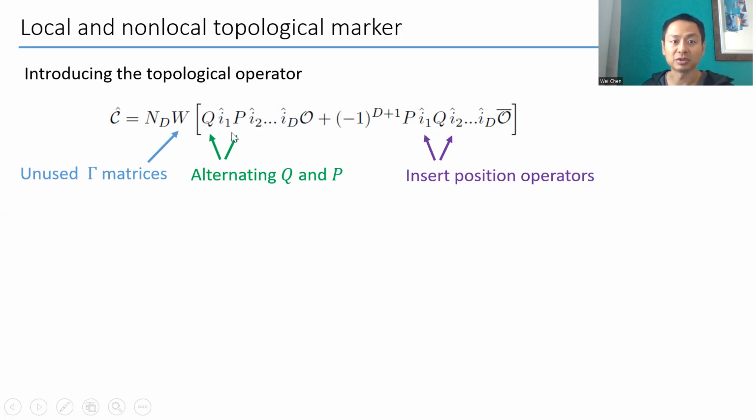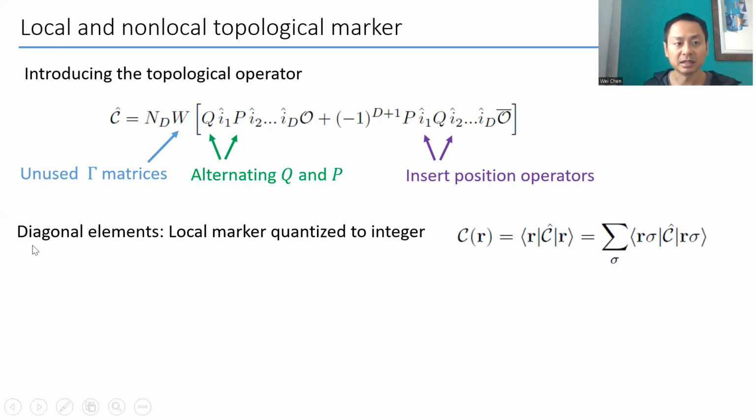And in between, you insert a position operator. And in the second line, you start with the P, and then you also alternate P and Q. And then there's a minus sign that depends on the dimension. Essentially, because every time you insert a position operator, you need to convert it into the derivatives, and the derivative has a minus sign.